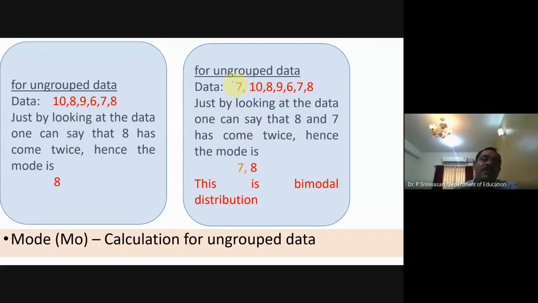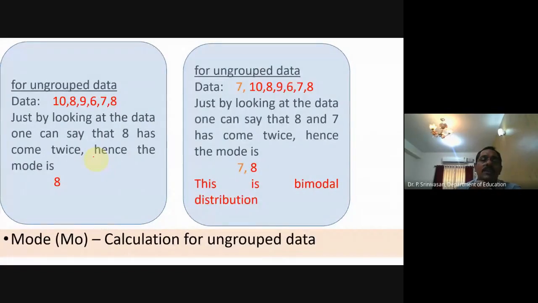And now, as before, we are going for ungrouped data. For grouped data, we have a different formula. Always for grouped data, we have to go by formula. For ungrouped, it's very simple. Even for mean, we have a formula. See the data on the left: 10, 8, 9, 6, 7, 8.